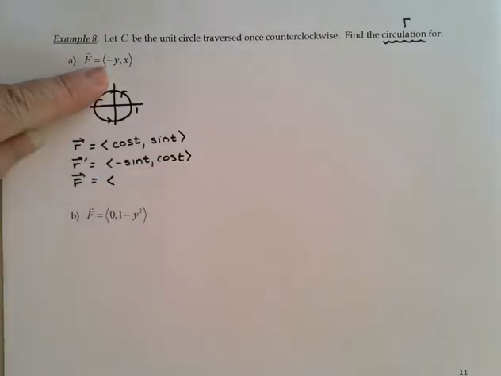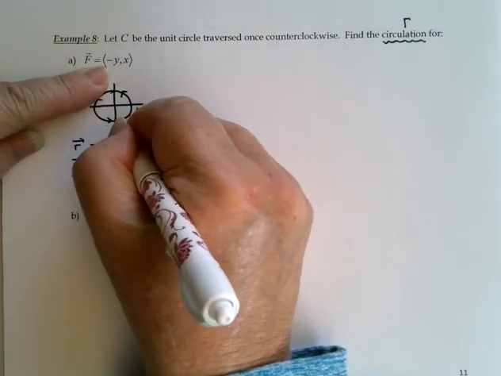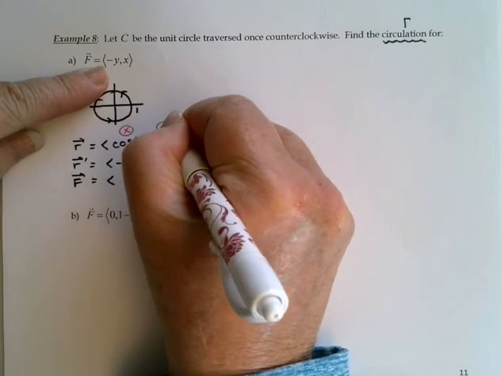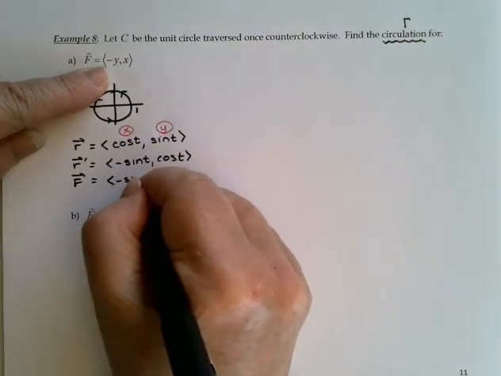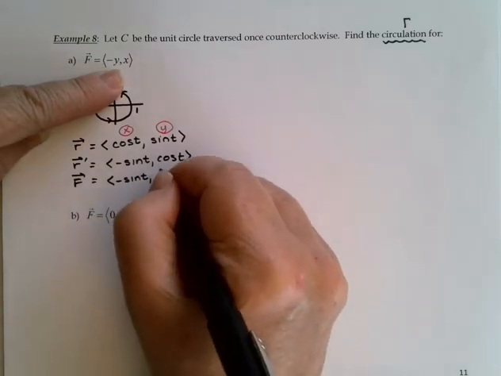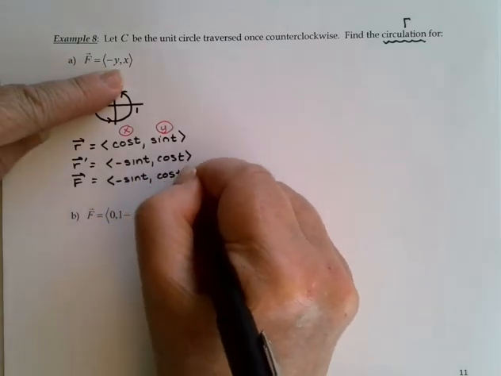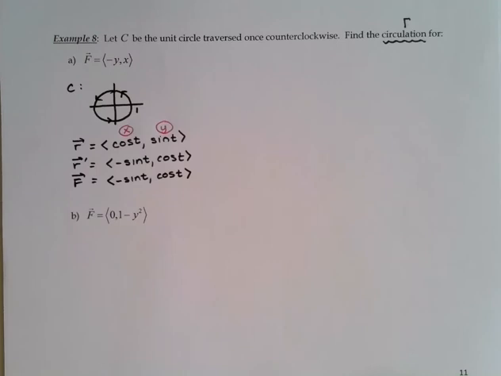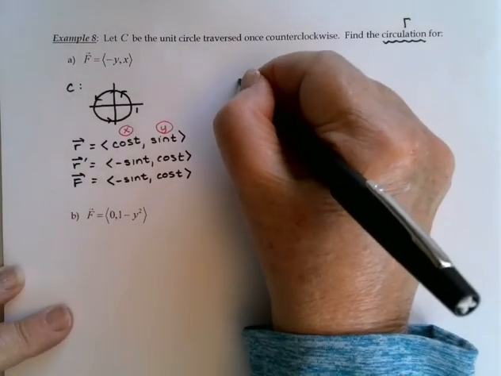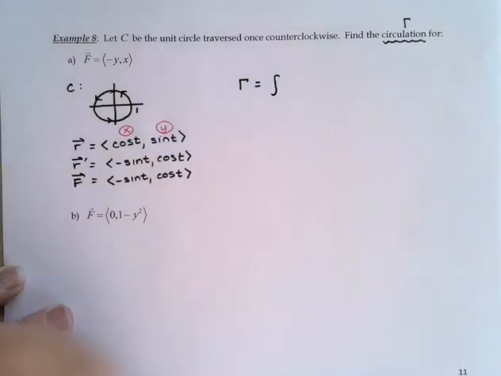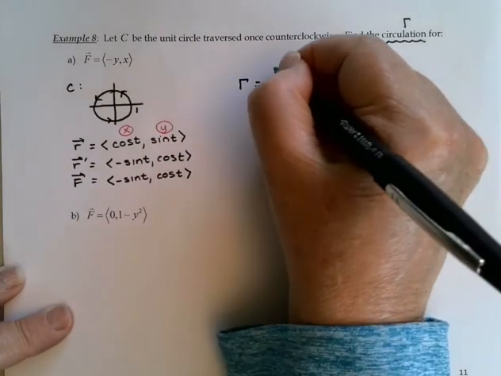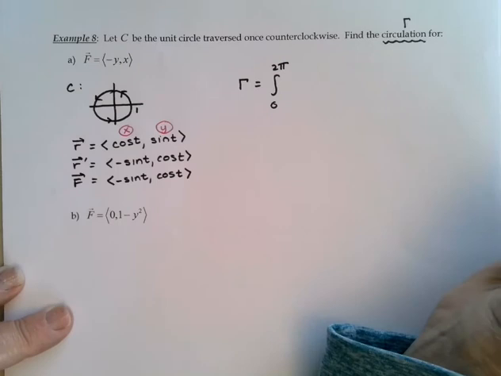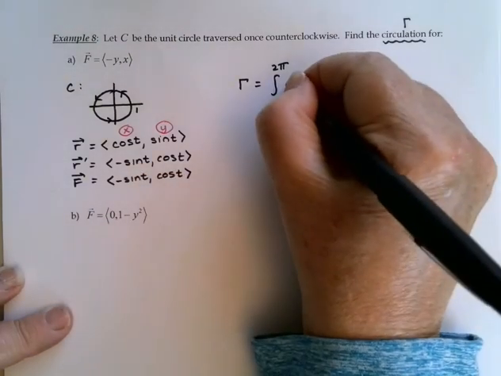And F is, let's see, if this is my x and this is my y, F is minus y, so minus sine t, x, cosine t. And the circulation then is going to be the integral all the way around, so 0 to 2 pi of F dot r prime.